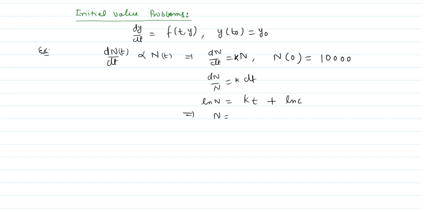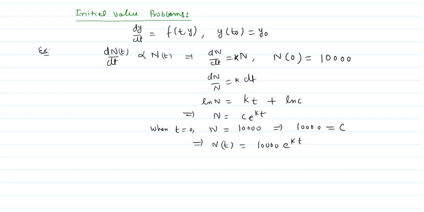So N equals c e^(kt), and initially when t equals 0, the population is 10,000. So from this you get 10,000 equal to c e^0, that is 1. So c is 10,000. Okay, so we have N(t) equal to 10,000 e^(kt).